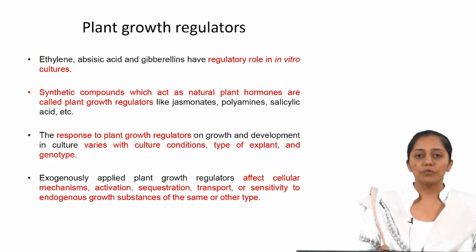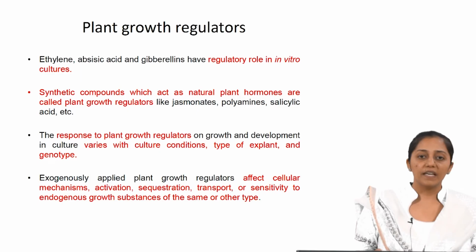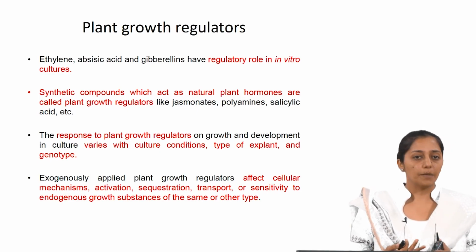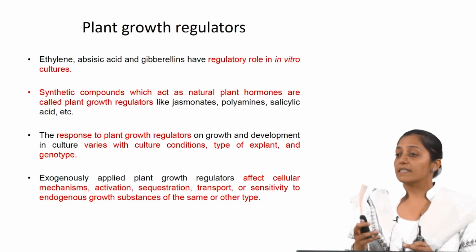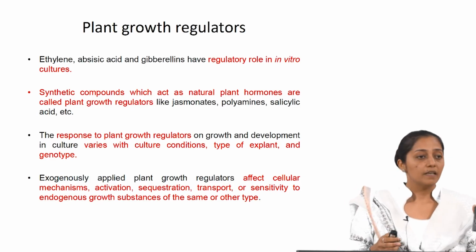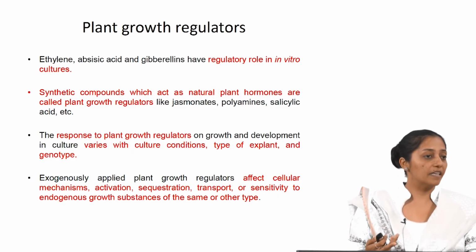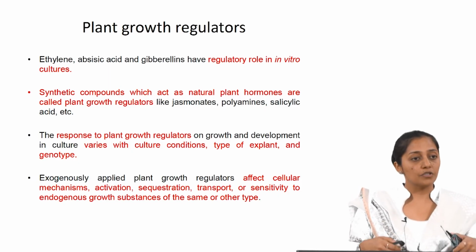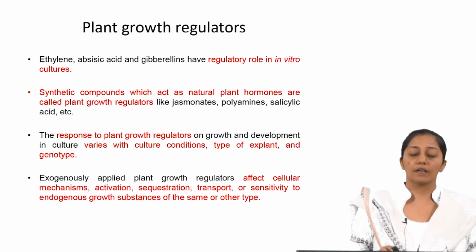The response to plant growth regulators on growth and development in culture varies with culture conditions, type of explants and genotype. Exogenously applied plant growth regulators affect cellular mechanisms, and also the sequestration, activation, transport and sensitivity towards endogenous growth substances of the same or a different kind.